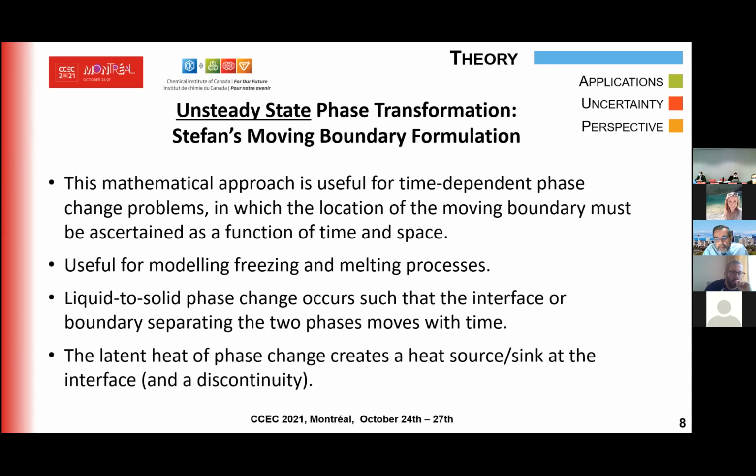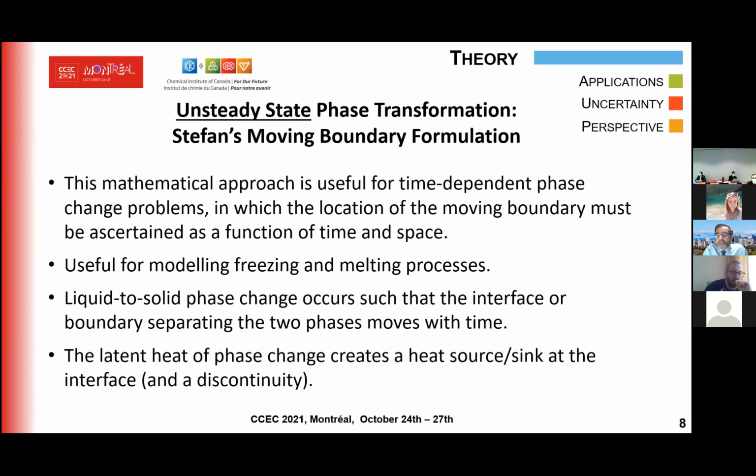Now, in the molecular diffusion approach, they actually use Fick's first law of diffusion to model unsteady state deposition, which, as you know, is for steady state. So for unsteady state phase transformation, we have used Stefan's moving boundary problem formulation.